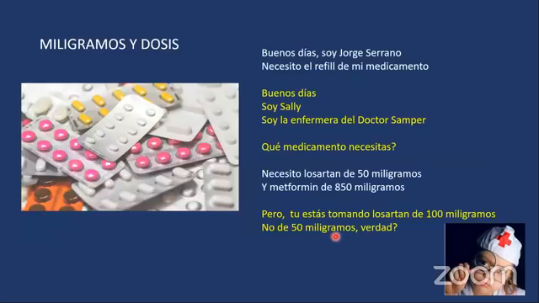Next one here. Another example when we use numbers in medicine, when we talk about the milligrams, when we talk about doses. Let's read this. What's happening here? Follow me. Buenos días. Soy Jorge Serrano. Necesito el refill de mi medicamento. Buenos días, soy Sally, soy la enfermera del doctor Sfmp. ¿Qué medicamento necesitas?